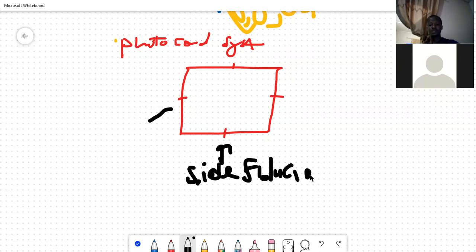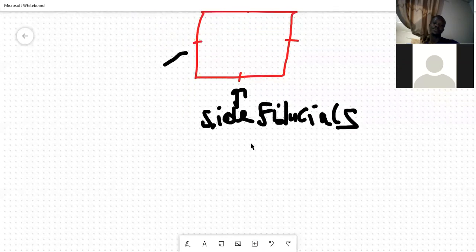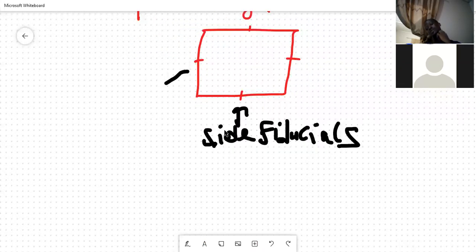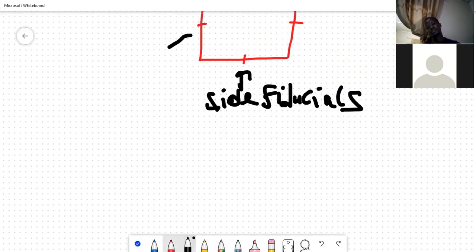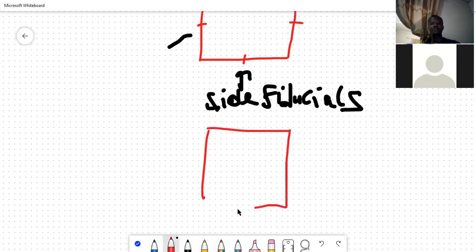Fiducials. You can have corner fiducials. In that case, you have the photo. These are marks on the photograph that have been permanently done. So you can have the corners.